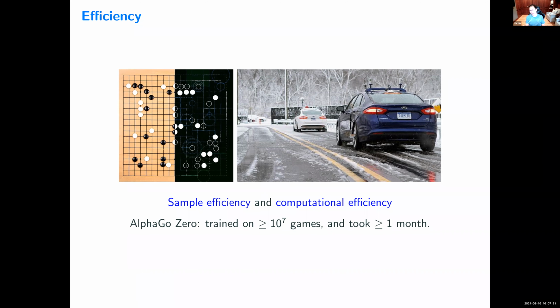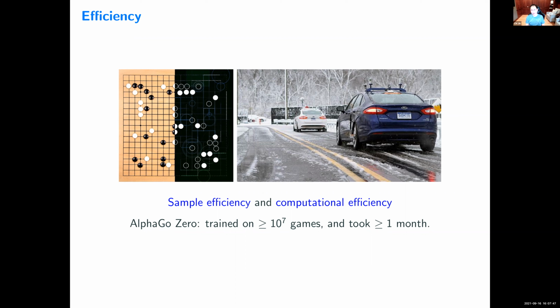Let's have an idea of what state-of-the-art models do. For example, AlphaGo Zero is a model implemented by Google DeepMind to train on the problem of Go. The model was trained on more than a million, actually 10 million games. And it took a month of a whole computer cluster to train those models.